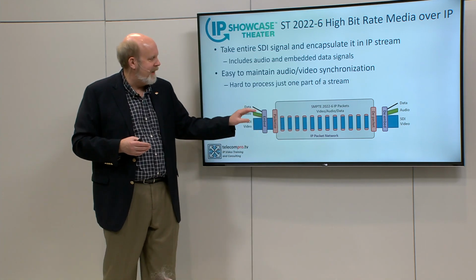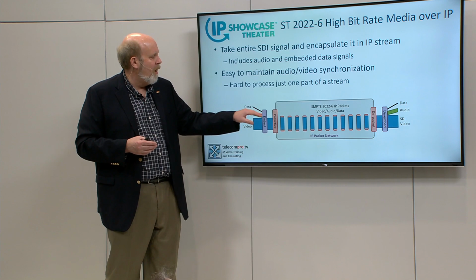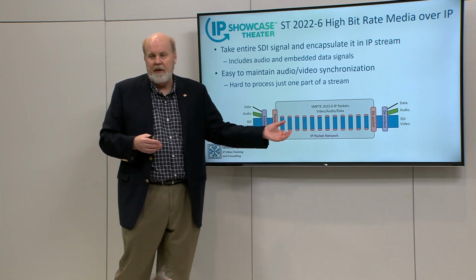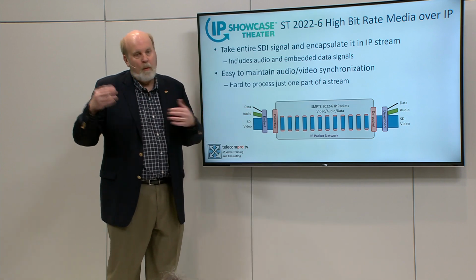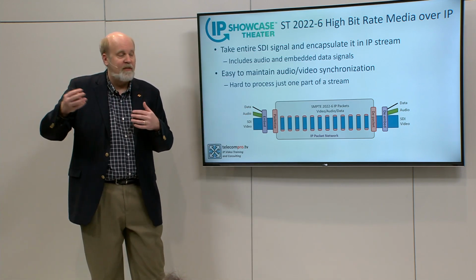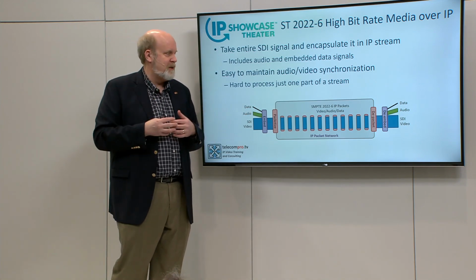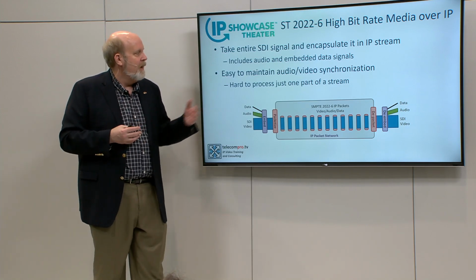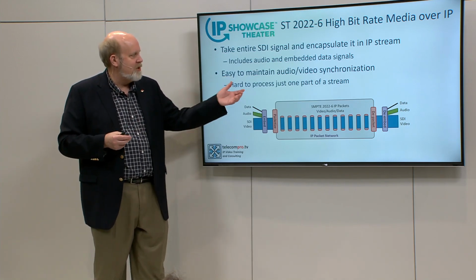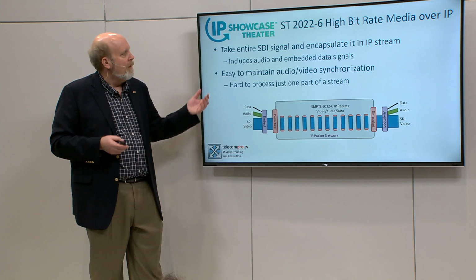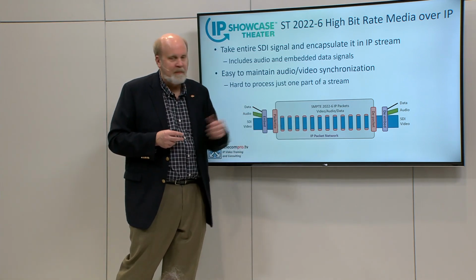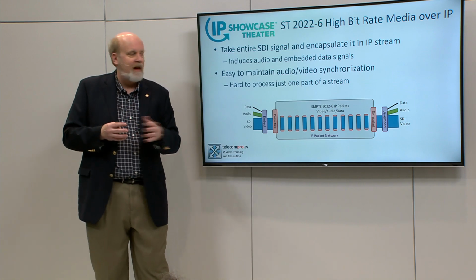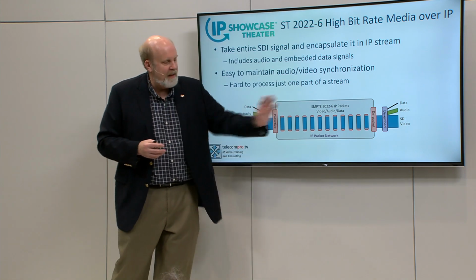Every time I want to get a video or an audio or a data stream, I'm dealing with a packet stream that's going to be running on the order of about 1.5 or 1.6 gigabits or 3 gigabits per second if it's a whole SDI. And it's very hard to go in and process just a single part of a stream. The big advantage, of course, is that once I embed all these signals and I keep them together, they're perfectly synchronized. As good as they are here, they'll be at the destination.